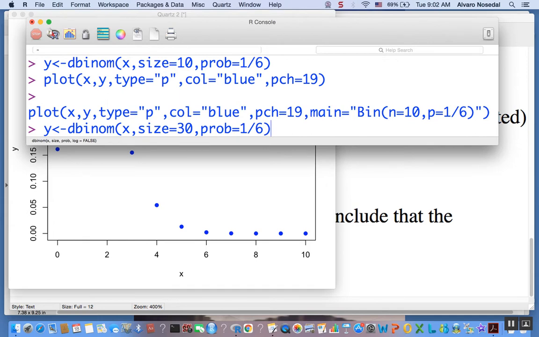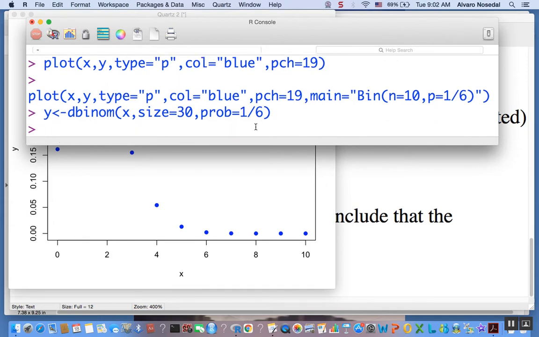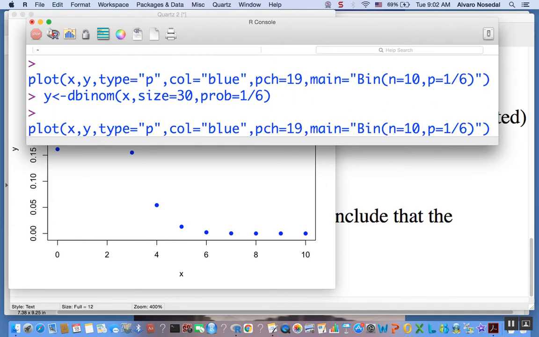Now let's do the same thing, but let me change this. Since the only thing that I changed was the y, the x is the possible values, and we know that the support for a binomial is 0, 1, 2, and so on up to n.